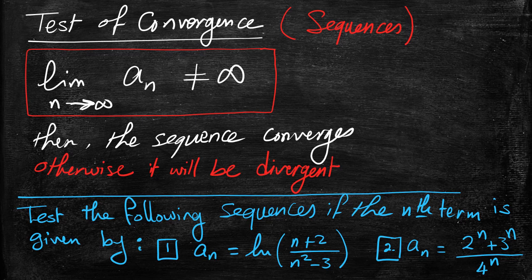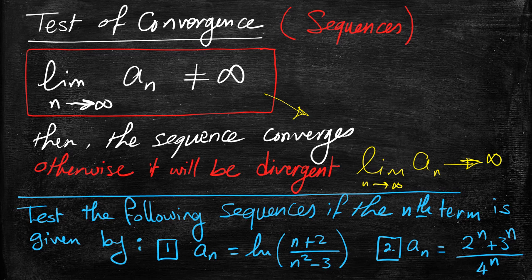We can talk about this mathematically: if the limit of an when n tends to infinity approaches a number, not infinity, then we are calling this convergence. Otherwise, if the limit of an when n approaches infinity goes to infinity or is undefined.